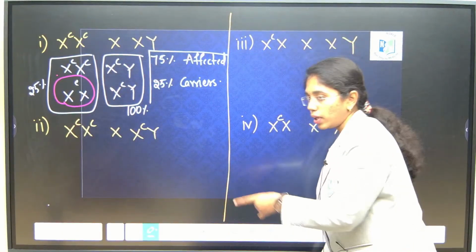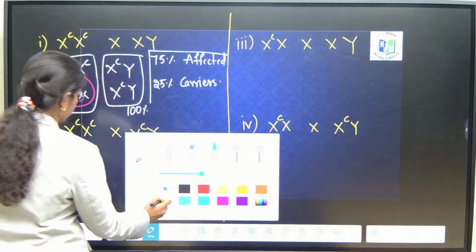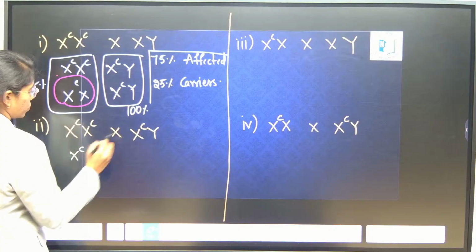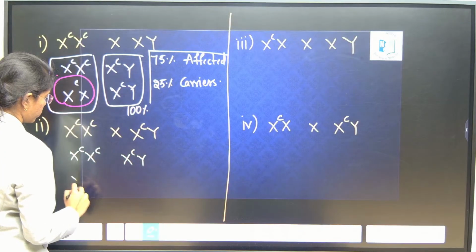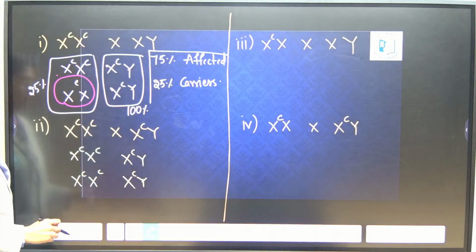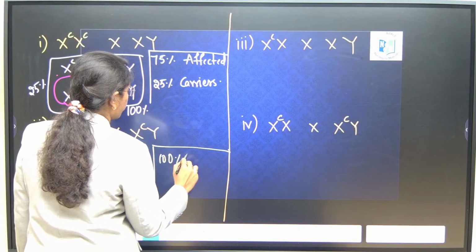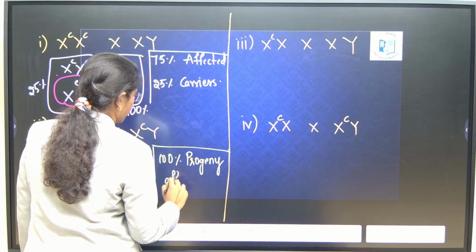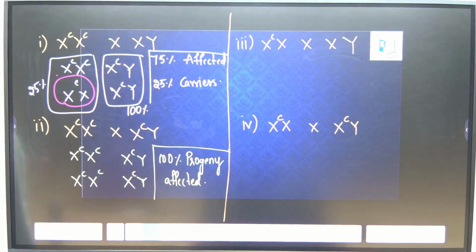Next you see, this one you tell me. All the offspring are affected. 100% of the progeny is affected.